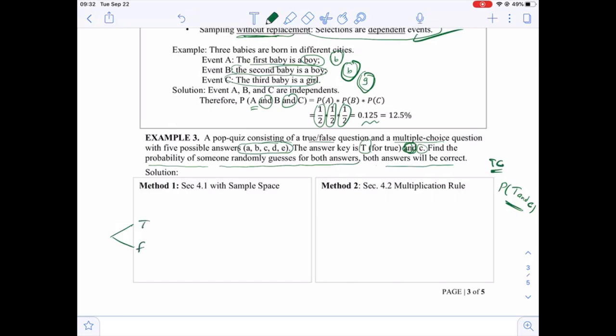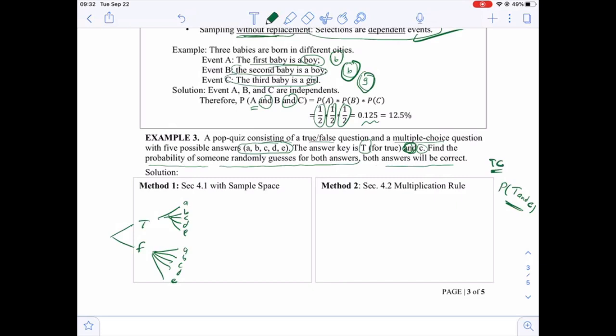We may get true or false answer, and then after that let's go to the multiple choice question. If we get true on the true-false, we may get one of the answers A, B, C, D, or E on the multiple choice problem. If we choose false in the true-false question, then we may select A, B, C, D, or E for the multiple choice question.